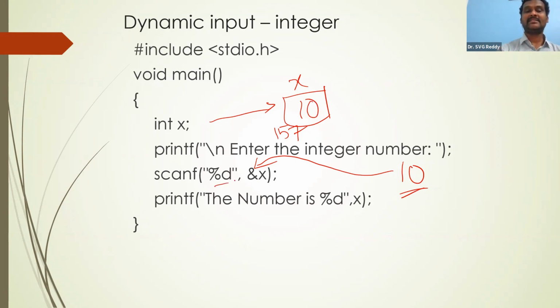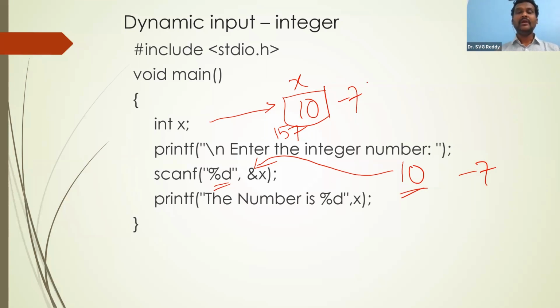Percentage d tells that it is an integer number. Yes, that is a positive integer. Even I can have a negative integer, -7. So -7 will be taken instead of 10. 10 is right, -7 also is right, negative and positive integers, as an example.